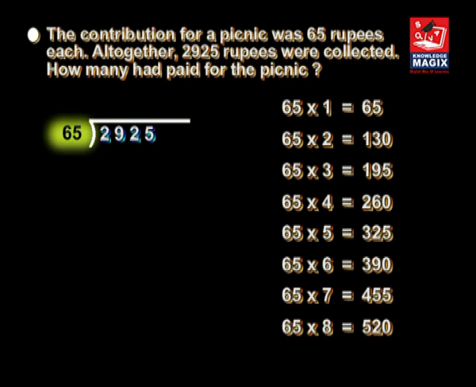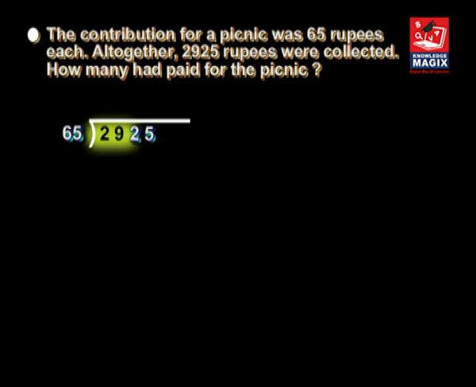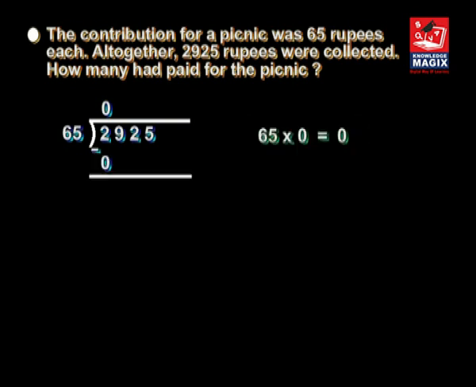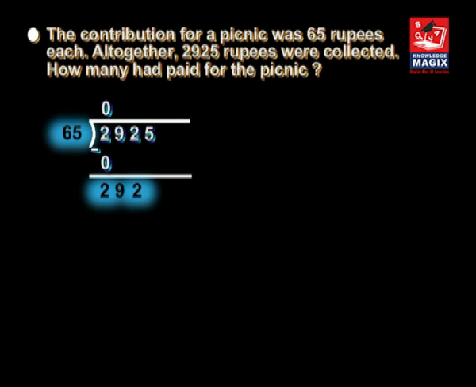As the divisor is two-digit number, first we will consider two digits from the dividend, that is 29. But 29 is less than 65, so we have 0 in the thousands place in the quotient. So 65 zeros are 0. 29 minus 0 is 29. We'll put the next digit 2. So now 292 divided by 65.